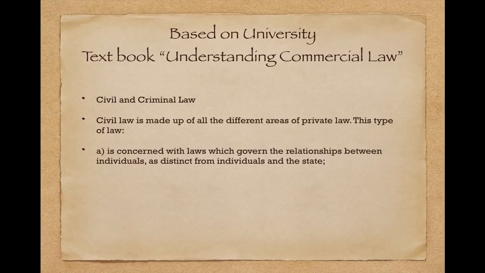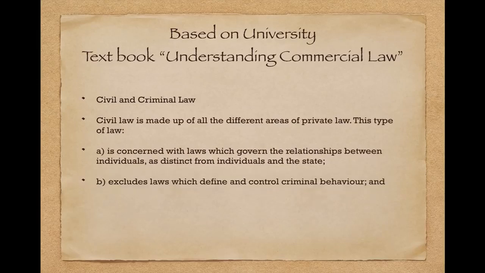Now, the public law is the state versus the private. Civil is between individuals or private. So the state can't intervene. And B, it excludes laws which define and control criminal behavior. So those laws are in the public.